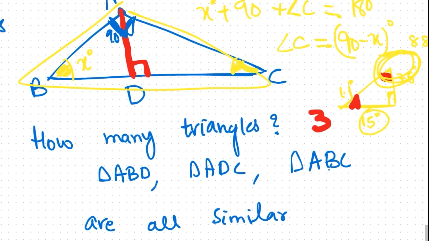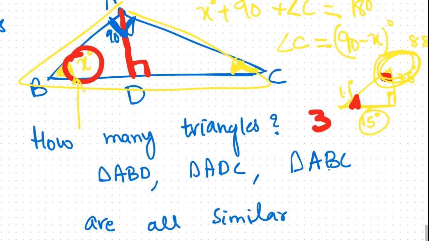Anyways, let's say it is x. So this angle will be how much now? x. Focus on the bigger triangle.